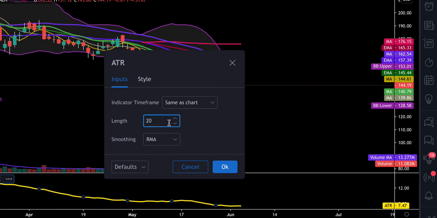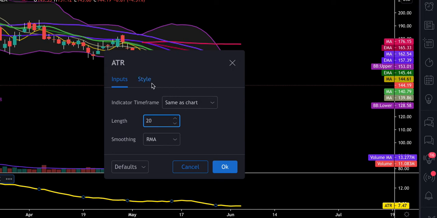I personally just like to use a 20-day length, and you can think of this like the moving average for your average true range. What it's doing is taking the average size of each candle over the past 20 days, adding them all up and then dividing them by 20 to get your average range of a candle.